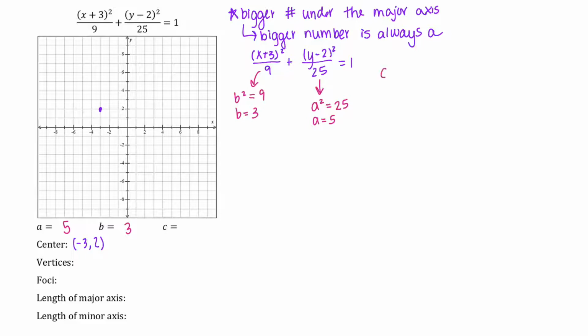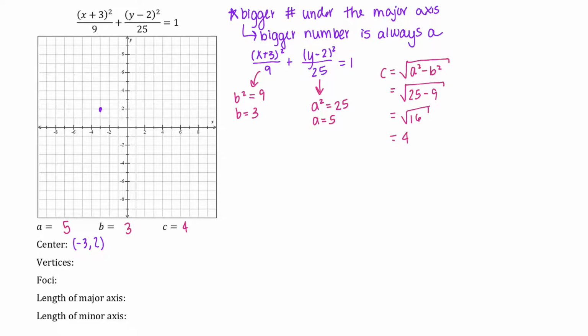So c is equal to the square root of a squared minus b squared. So a squared was 25, b squared was 9. That means that c is the square root of 16, which is going to be 4. So we have a, b, and c at this point.